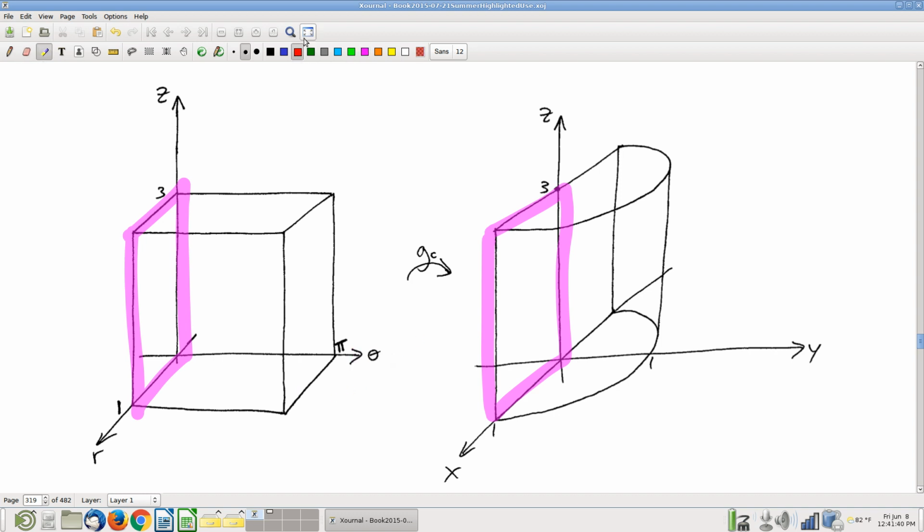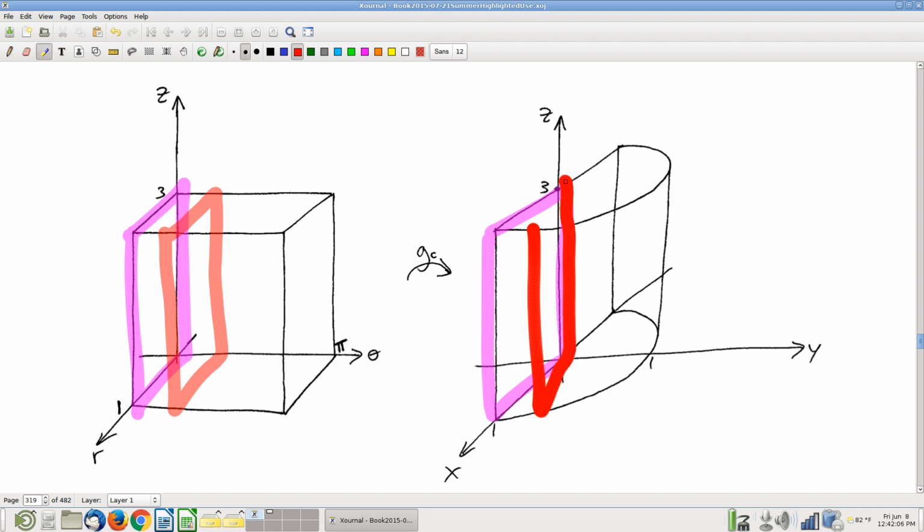Now let's move it over a little bit. That little slice, just a little bit in the theta direction, but still parallel to the first slice. Well, theta's a little bit larger, but it's the same range of values of R, and the same range of values of Z. As you slide over in R theta Z space, you're rotating around a little bit in XYZ space.